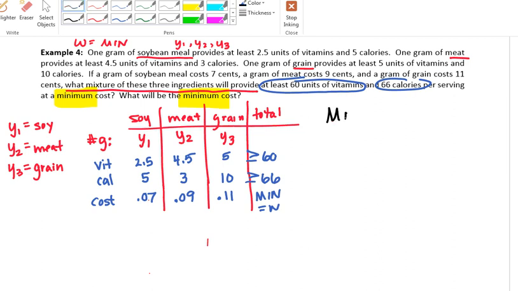All right, I would like to minimize the equation W equals 0.07 y1 plus 0.09 y2 plus 0.11 y3, subject to.